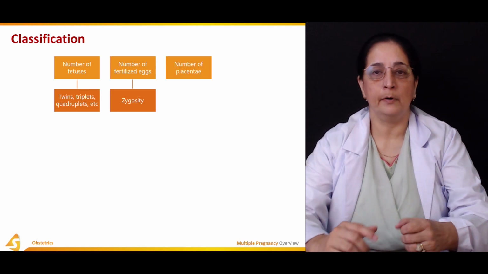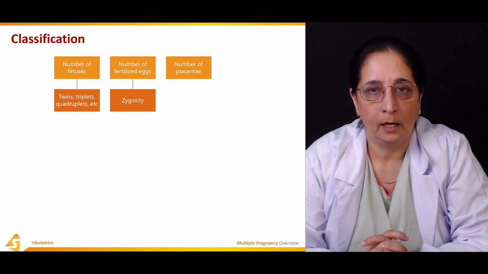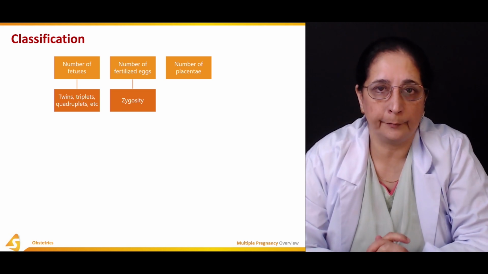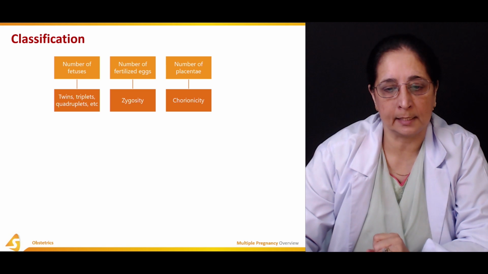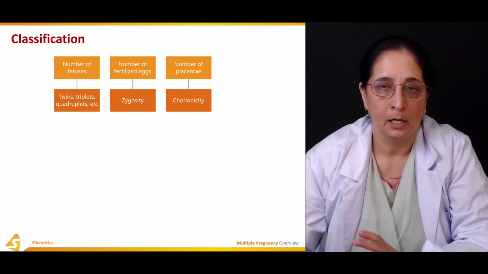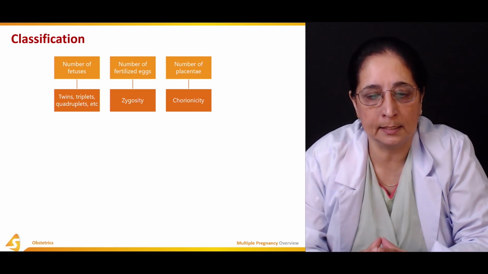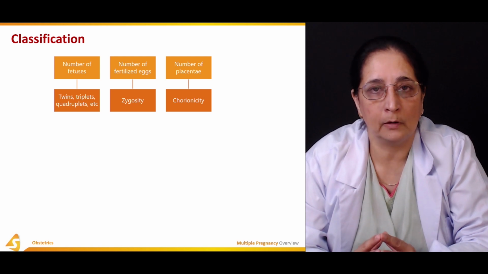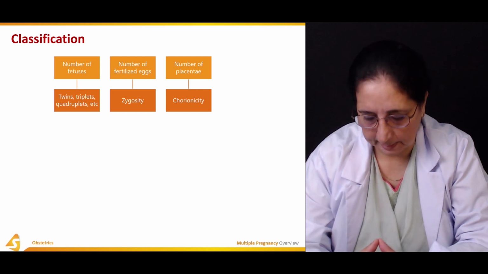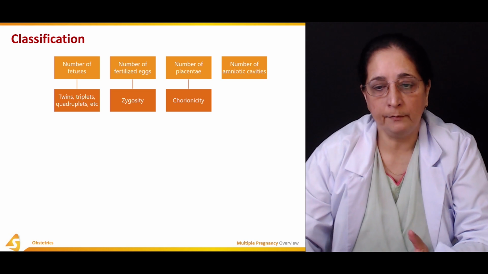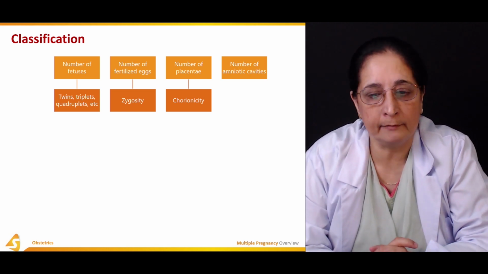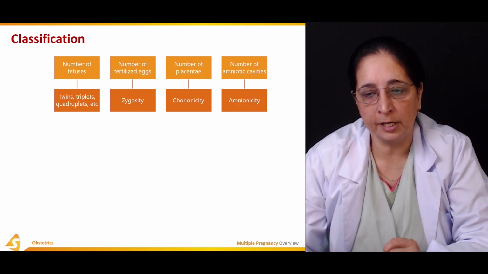Then we have the number of placentas. How many placentas are present? That's named chorionicity. Chorionicity is for the number of placentas present. Then we have the number of amniotic cavities. That's amnionicity.